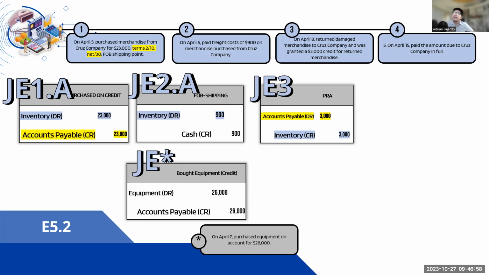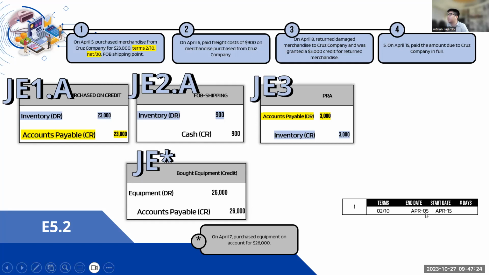So, saan palagi nagkakamali yung mga students? Palagi nagkakamali yung mga students sa purchase discount. Number one, in terms of calculating whether may discount ba or wala. So, let's analyze. The terms are what? 2/10, n/30.